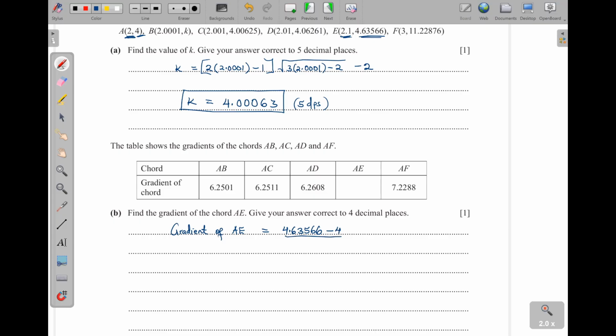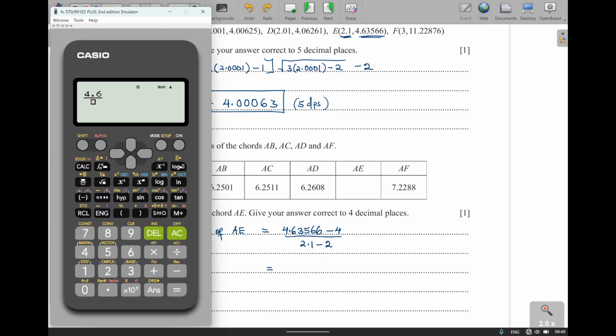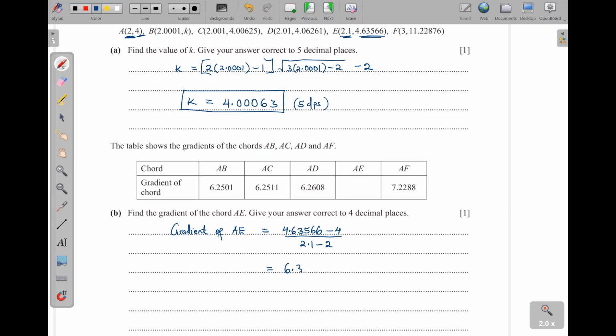Then we divide by 2.1 minus 2. So this one gives us 6.3566. And this one was even exact, 4 decimal places.